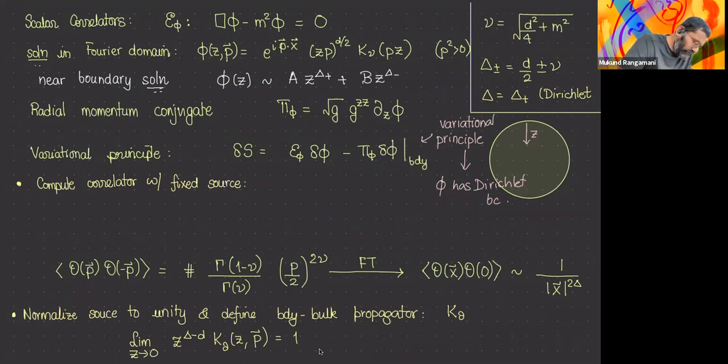I find that I have two fall-offs, one which is delta plus and one which is delta minus. Delta minus is a slower fall-off, and delta plus and minus are basically determined from the asymptotics in terms of the space-time dimension and the mass of the field.